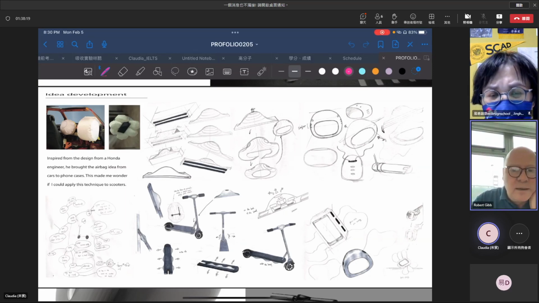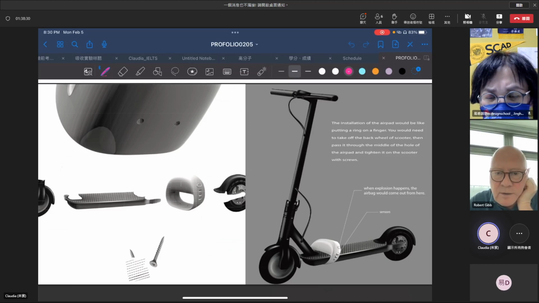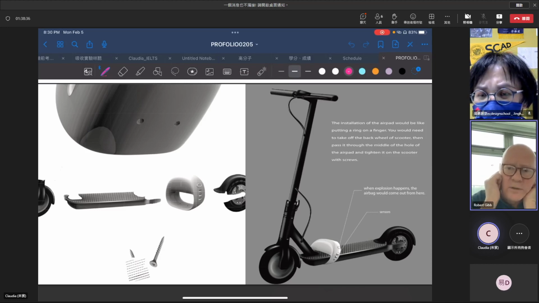Okay? Yes. So go to the next slide. This shows how to install the airbag. Okay. It's an unusual place. How big is the airbag? How big?